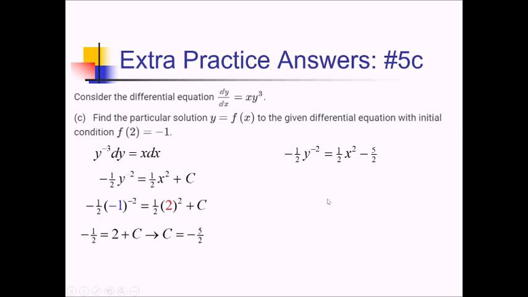And actually, I'm going to do a little bit more than that. While I'm multiplying, how about I get rid of this negative as well? So I'll multiply everything by negative 2. That leaves me with just y to the negative 2 on the left, which I can write as 1 over y squared. On the right side now, this is going to be negative x squared and positive 5. So I'm just going to write that as 5 minus x squared.